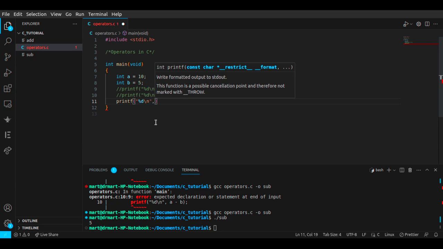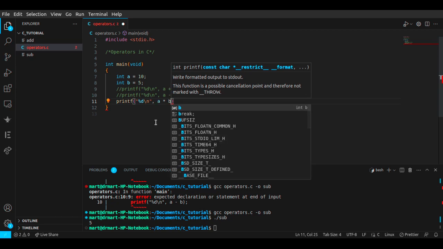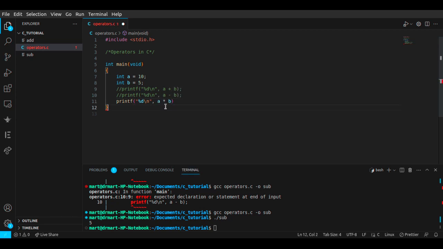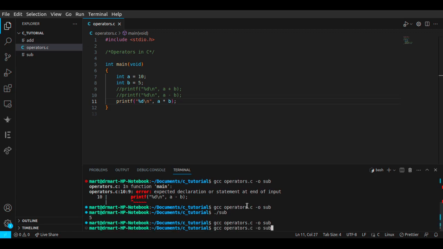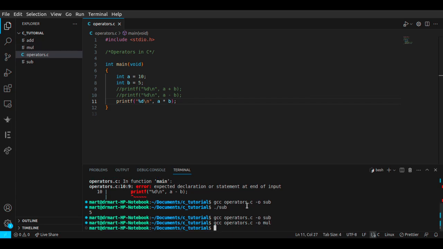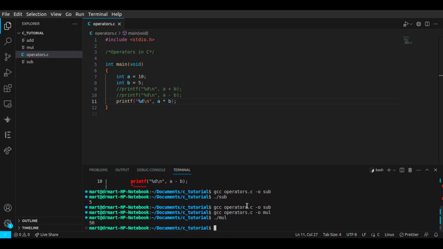Multiplication is the asterisk. You use an asterisk for multiplication, just in case you didn't know that before. Then we compile this again. Sorry, I want to name it more. Okay, so let me run more. So 10 times 5 is 50.